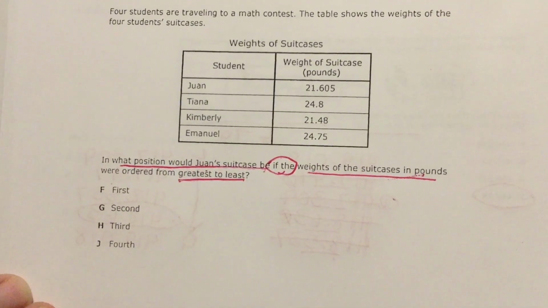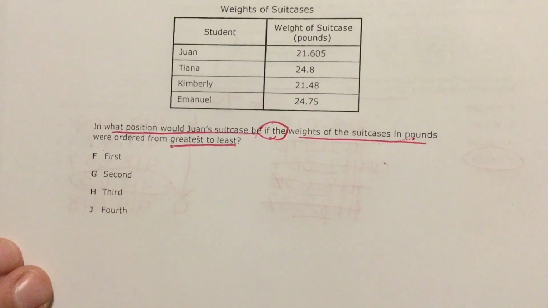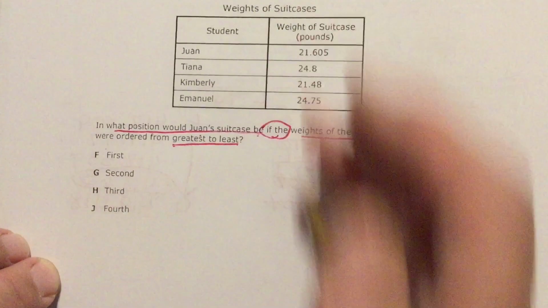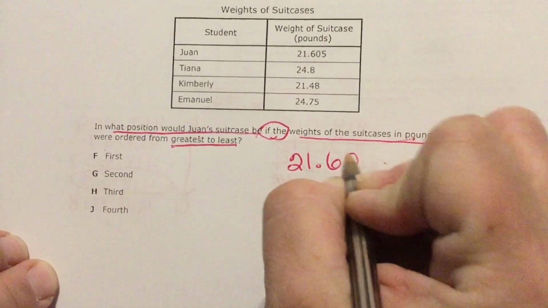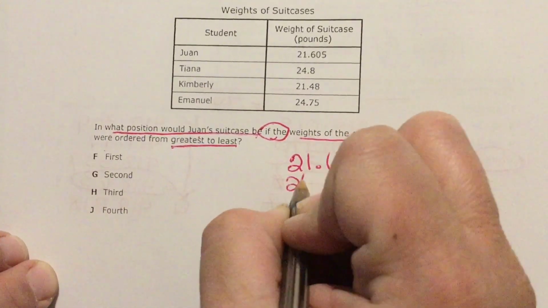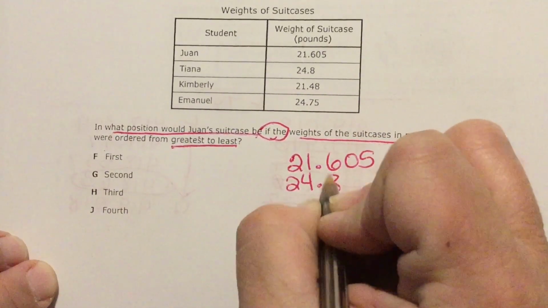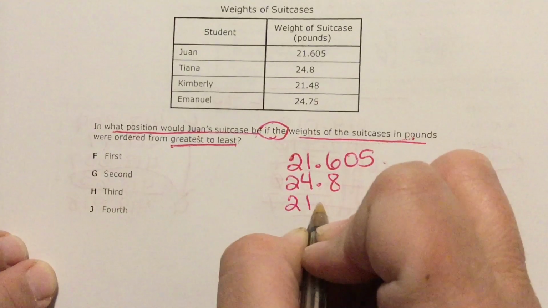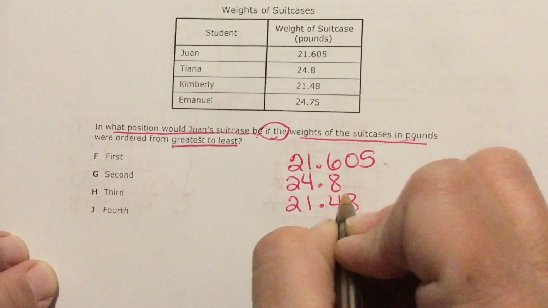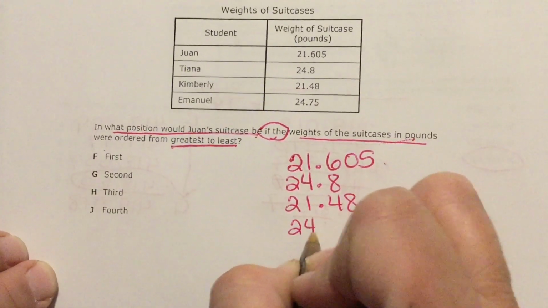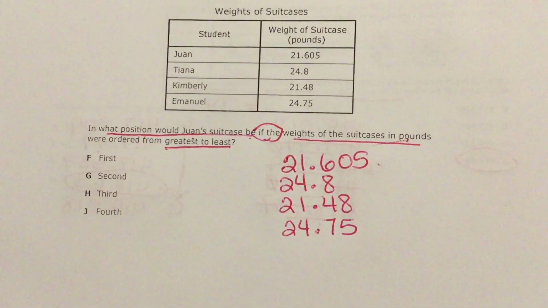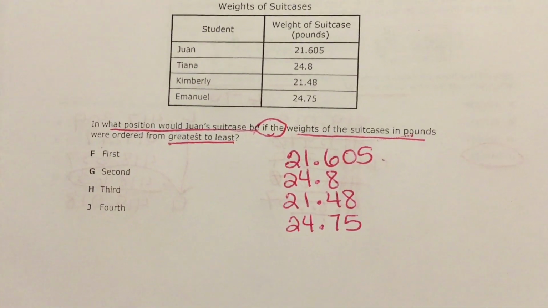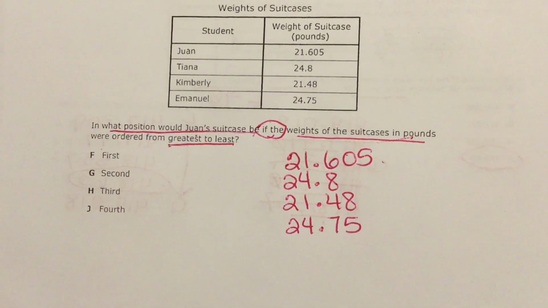So the first thing you need to do is write down all those numbers in vertical form, lining up the decimal. Okay, so once you've lined up the decimal, now fill in the holes.